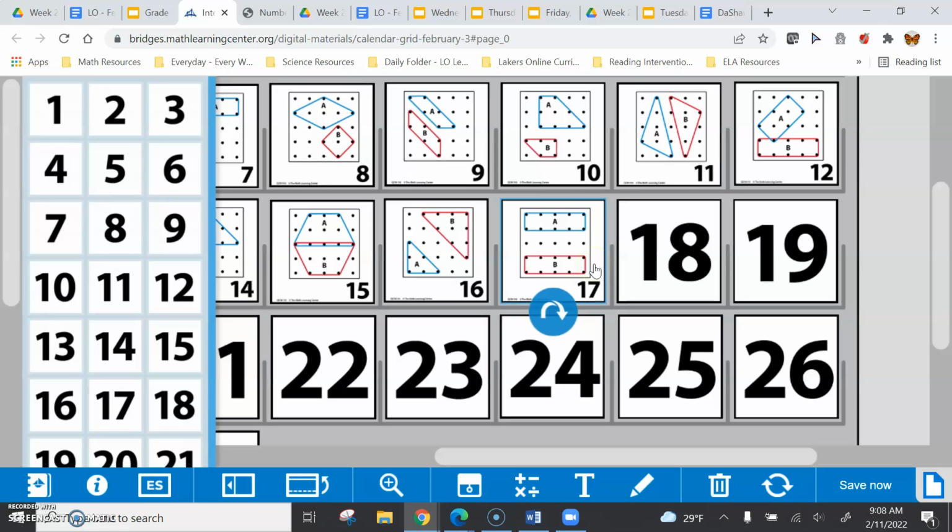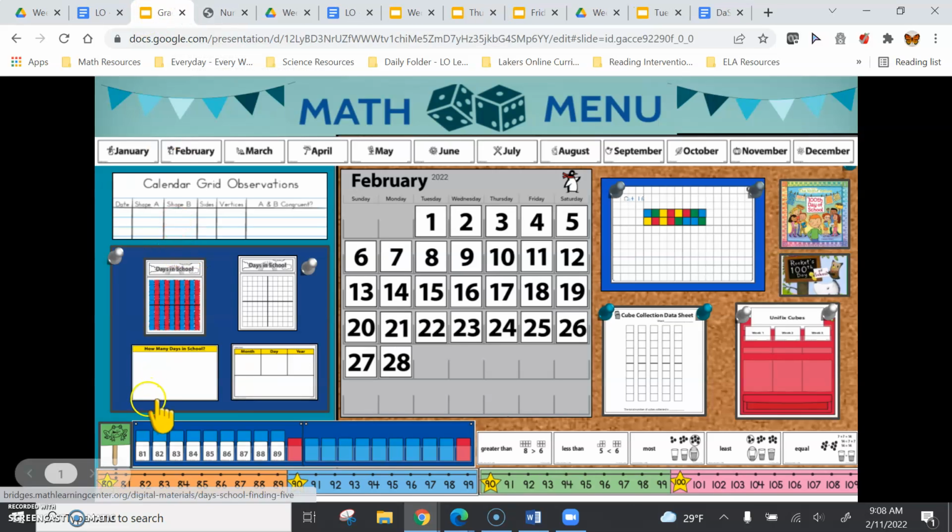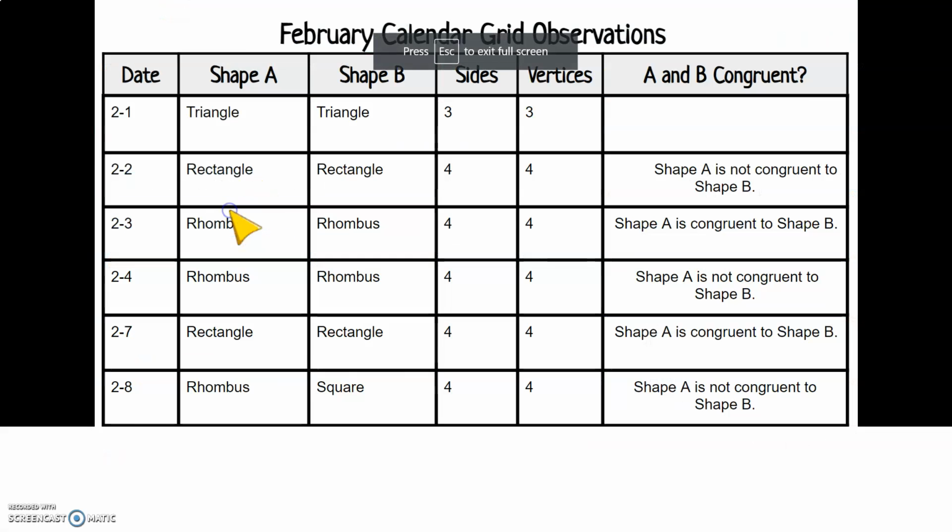Is shape A congruent to shape B? Are they the same shape and are they the same size? The answer is yes. Good job. We'll add that information to our calendar grid.